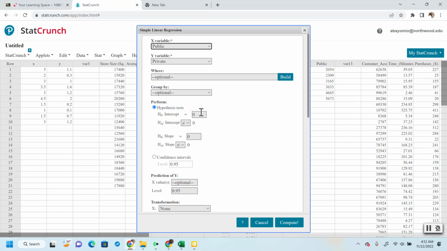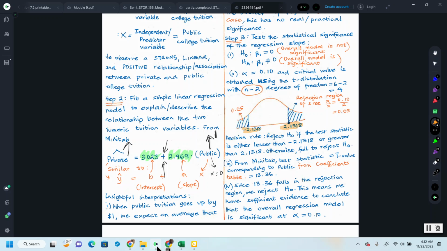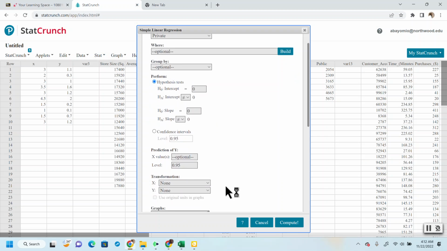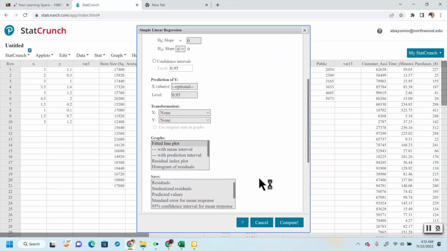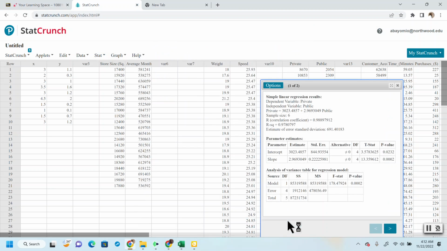You see that this is set to 0 versus not set to 0. And we are interested in performing hypothesis testing on the slope. This is equal to 0 versus not equal to 0. Take note that I wrote this earlier in our notes here: slope equal to 0 versus slope not equal to 0. So going back here, I can go ahead and click on compute.